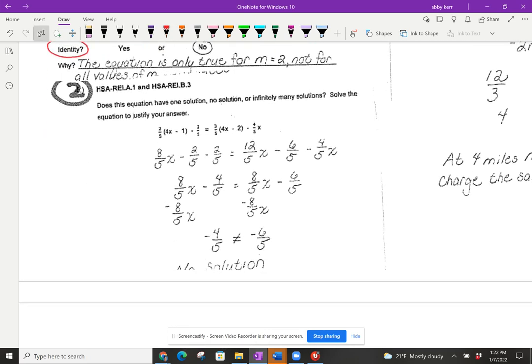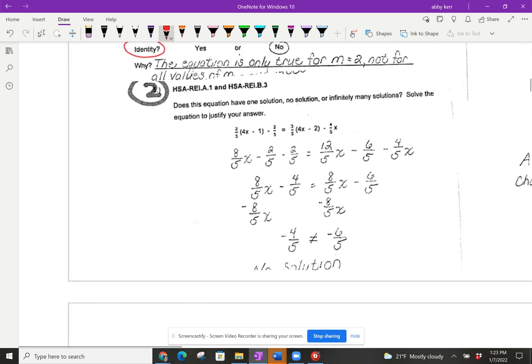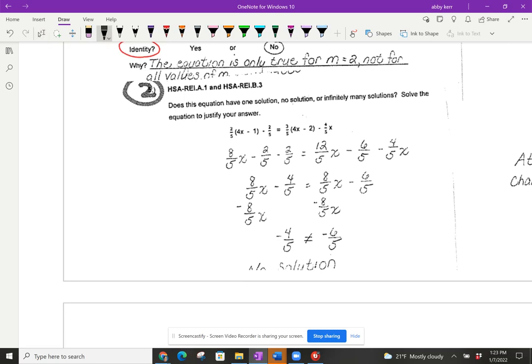For the second question, you could do it this way. I am going to show you the way how I taught it in my class. LCM is 5. Everything is taken care of at 5 because I don't personally like fractions.